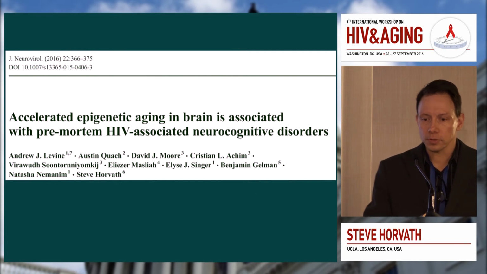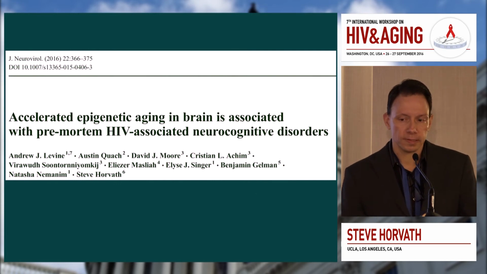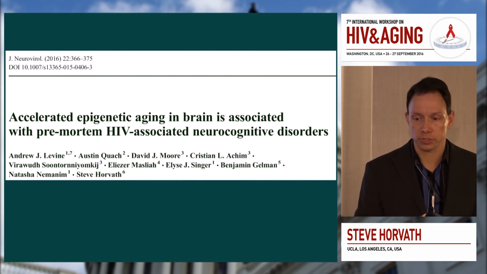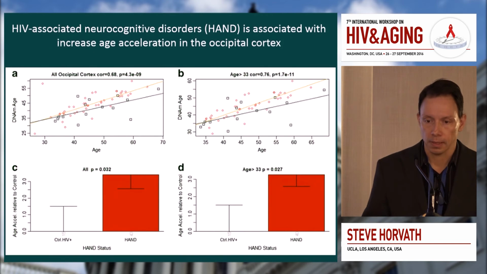So I want to talk briefly about another study, HAND, the so-called HIV-associated neurocognitive disorders. This is work done by Andrew Levine, Austin Quack, David Moore, Christian Akim, and many others.